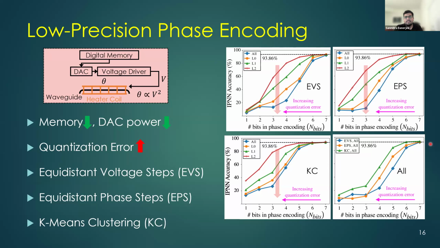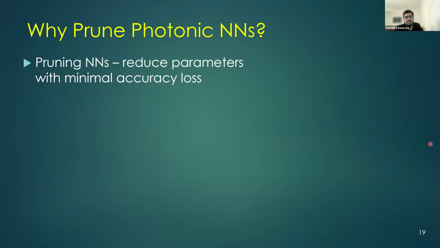So to counter these imperfections, we decided to try out pruning. If we can prune and remove most of the redundant phase angles from our network, that will help us in reducing the number of sensitive components, in addition to reducing the power consumption and the footprint.